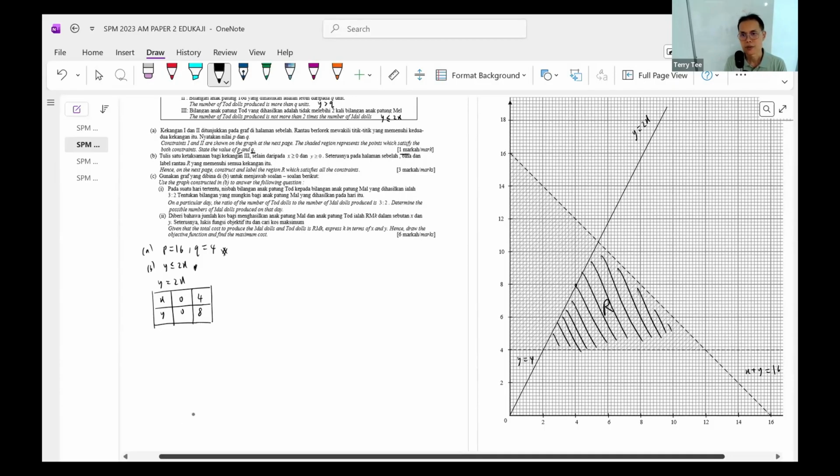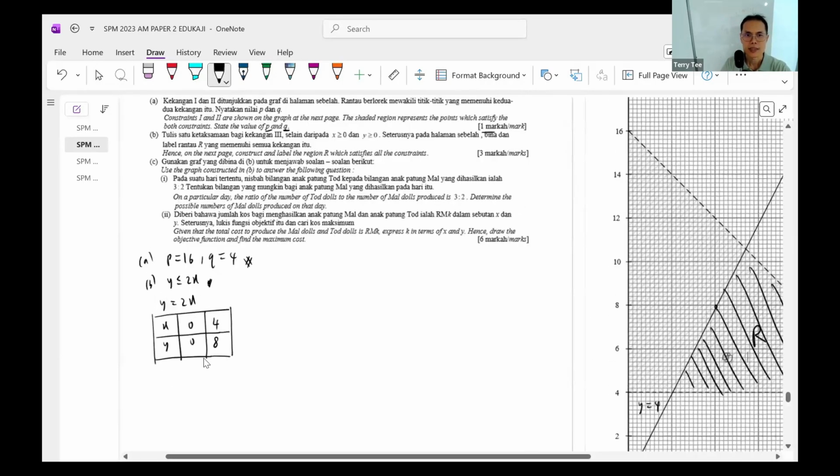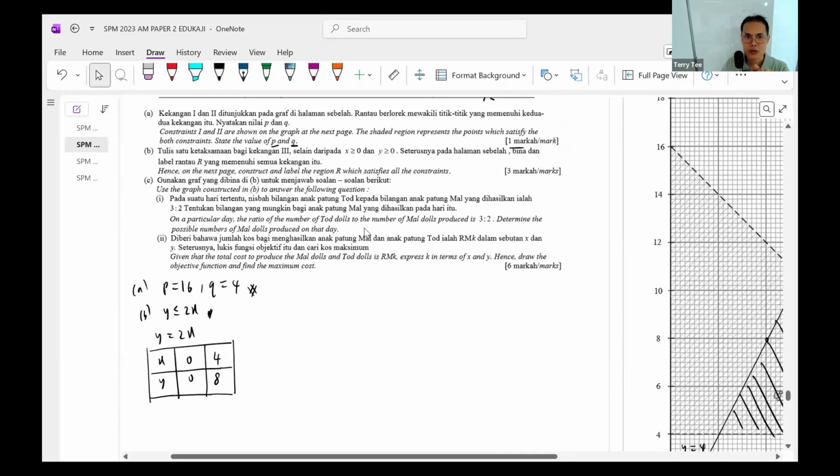Now, next, use the graph to answer the following question. On a particular day, the ratio of hot doll to number of mole doll produced is 3 to 2.